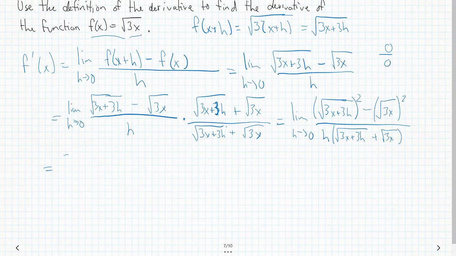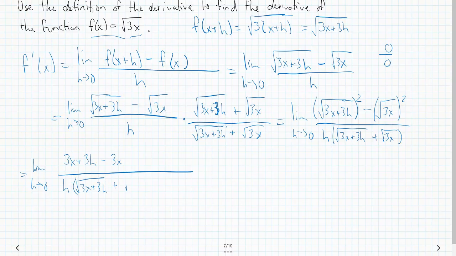So what does this make? This makes 3x plus 3h minus 3x. Oops, I forgot that limit as h approaches 0 part. All over h, and then we have the square root of 3x plus 3h plus the square root of 3x.